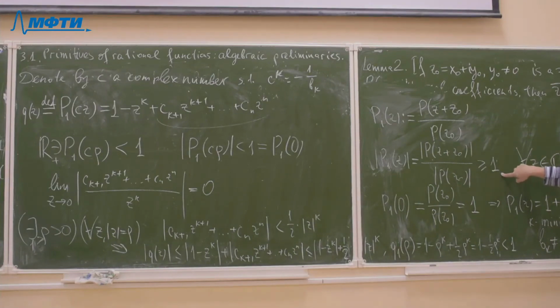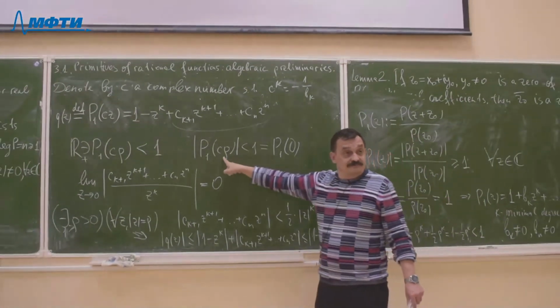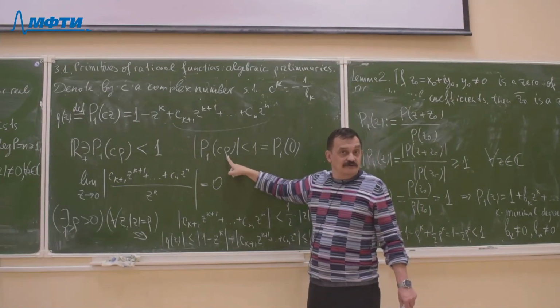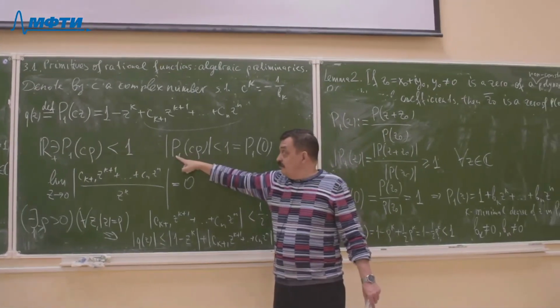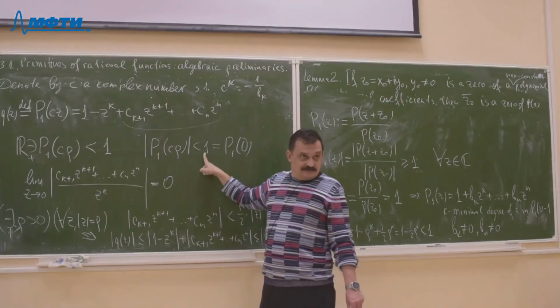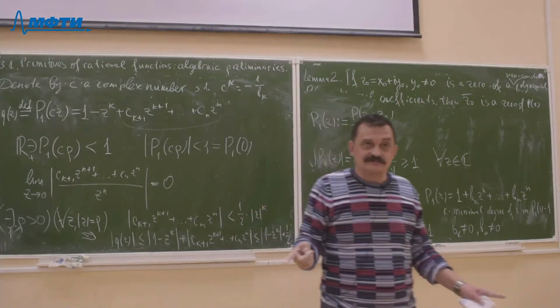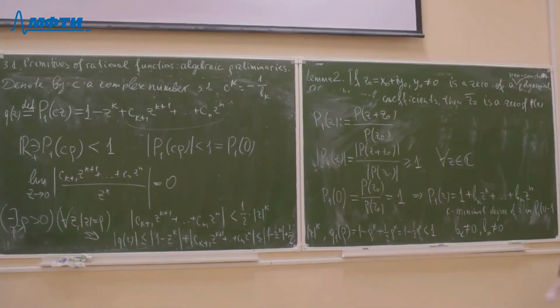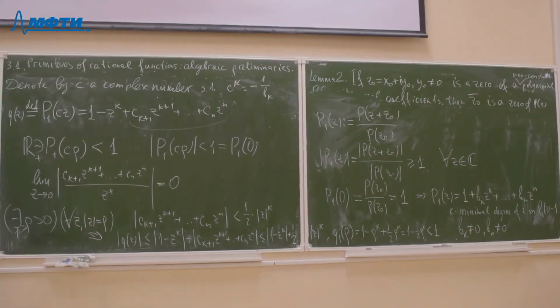Remember now what was the supposition: modulus of P1 of Z is greater or equal than 1 for arbitrary Z. And we have found a value, 0, where P1 in modulus is less than 1. Contradiction. And that's all. The proof is over.